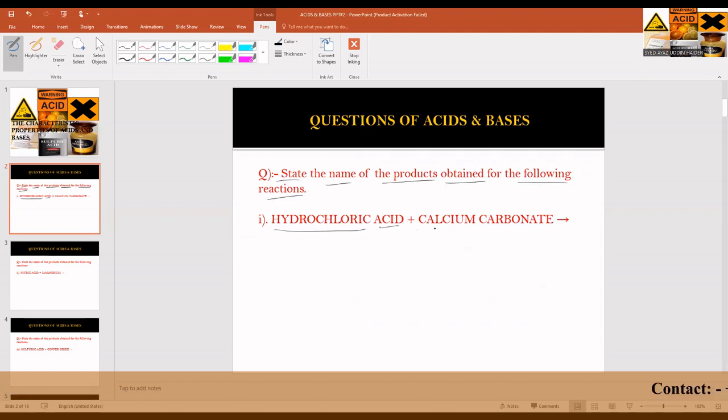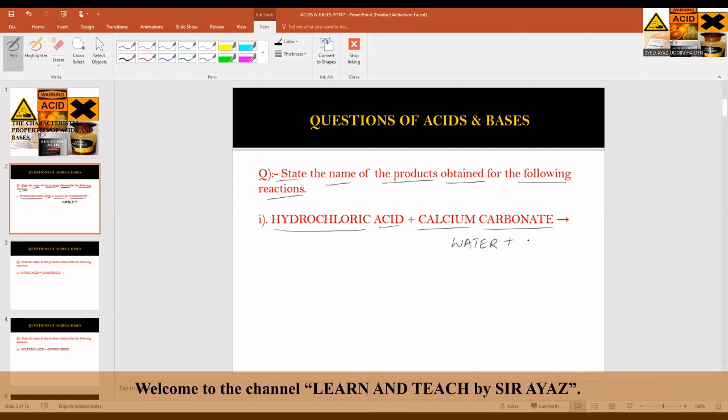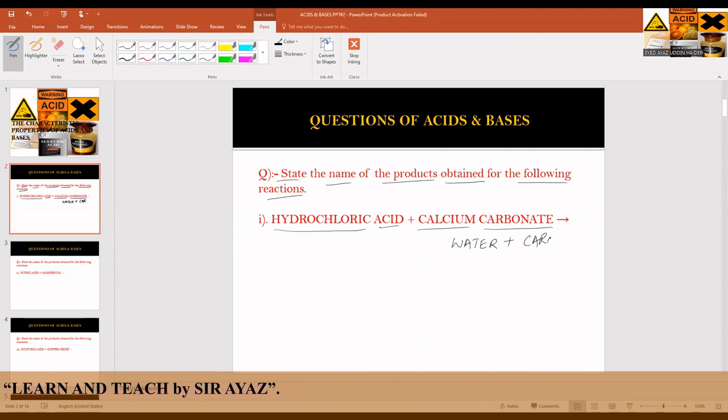State the name of the products obtained for the following reactions. Hydrochloric acid plus calcium carbonate. This is the reaction between metal carbonate and hydrochloric acid. You know the products. One of the products is salt, water, then carbon dioxide. So you write water plus carbon dioxide.